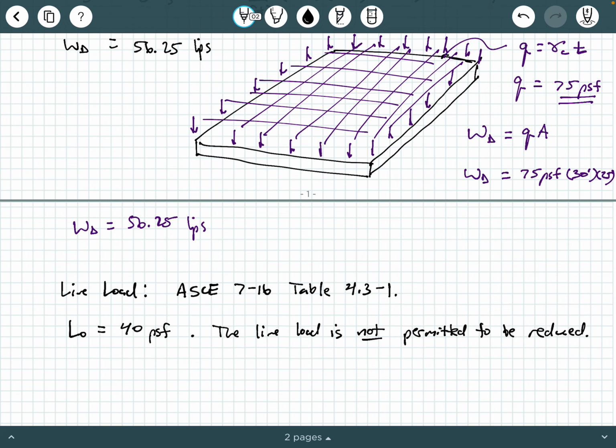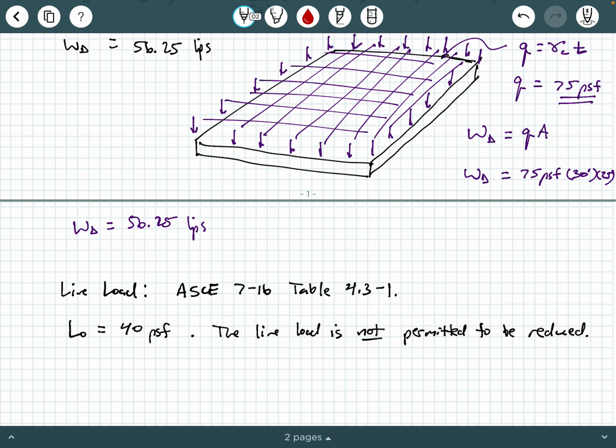Number one, for garages restricted to passenger vehicles accommodating not more than 9 passengers, 3,000 pounds, acting on an area of 4.5 inches by 4.5 inches, and for mechanical parking structures without slab or deck, so on and so forth. So the thing is, notice the wording there. It says floors in garages or portions of a building for storage of motor vehicles shall be designed for the uniformly distributed live loads of the table or the following concentrated load. We are using the distributed load given in the table, okay?